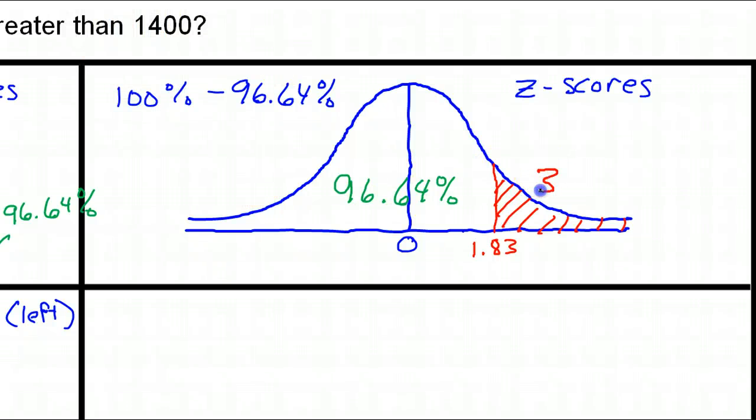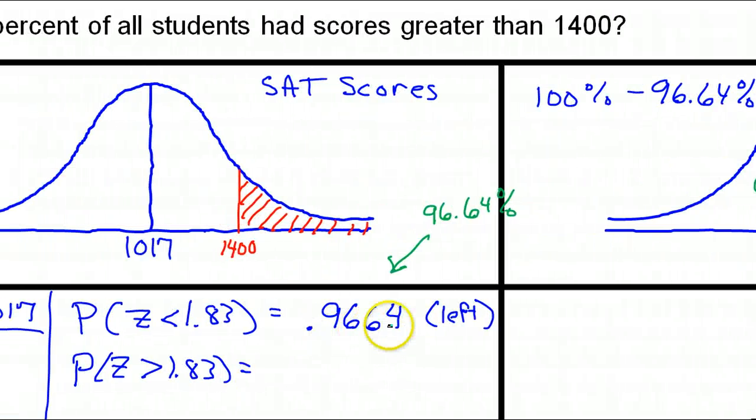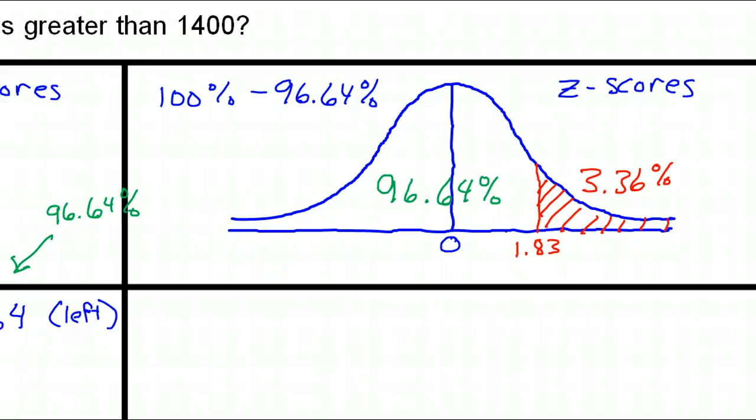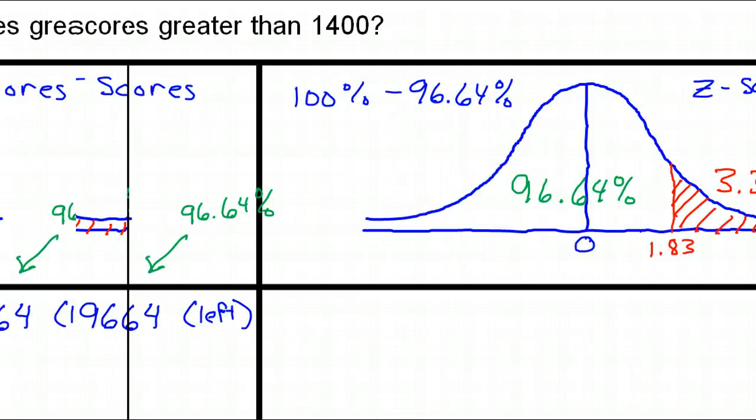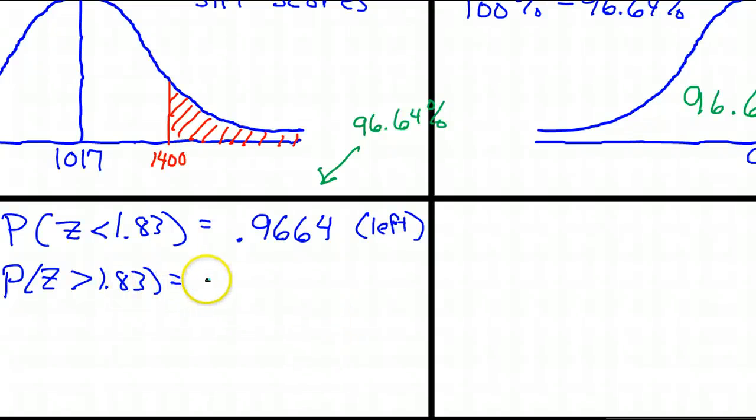So that's what this must be, 3.36%. All right, it's what you get left over if you take the whole thing, 100%, minus the part on the left. Okay, so that's one way to do it, is to take your percentage on the left and then subtract from 100.